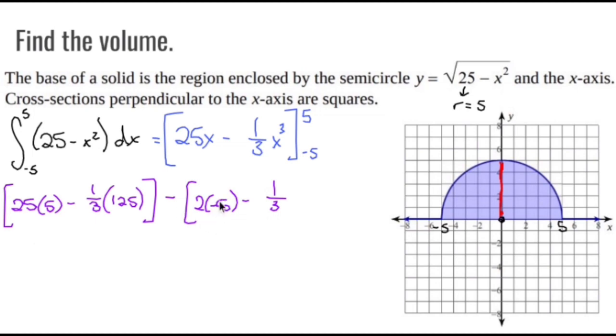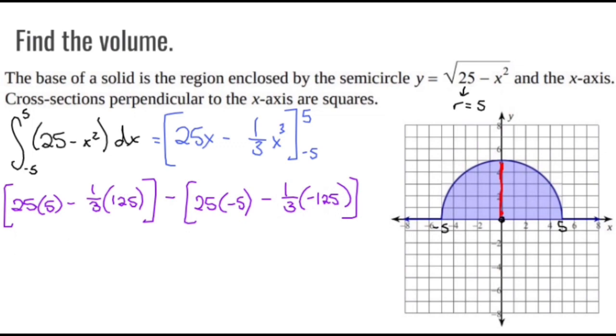Let me clean that up. 25, I think I said it, I just didn't write it, times negative 5 minus 1/3 of negative 5 cubed, which is negative 125. So we should know that since this guy is a perfectly symmetrical shape, that whatever number this is, once I minus this guy, it's going to be the opposite. So it's that guy plus the same exact number.